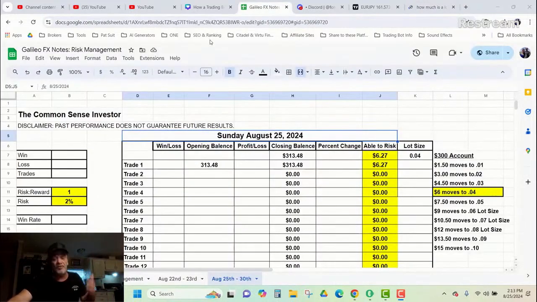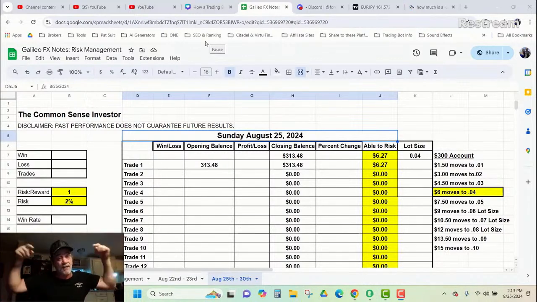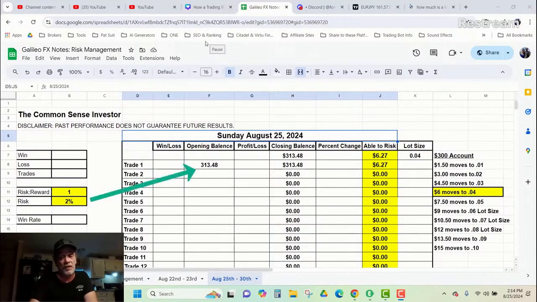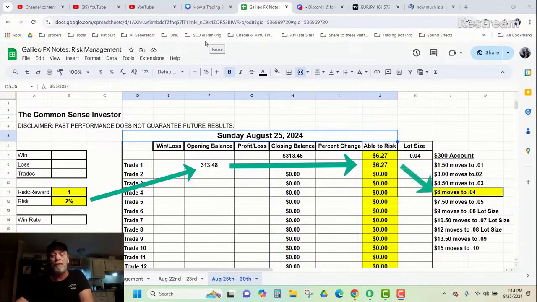It's sort of confusing at first, and then pretty soon you'll catch on. All you have to do is come to the Google Sheets that I have linked down in the description, and I break it down for you on a 2% risk management with a $313 balance. I can risk $6.27, and I need to set the bot at 0.04.